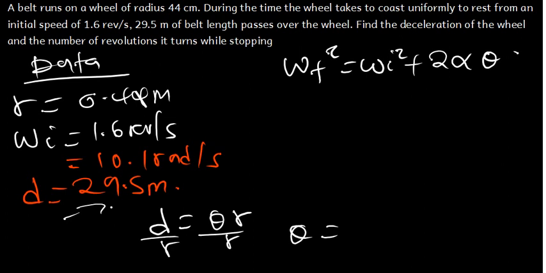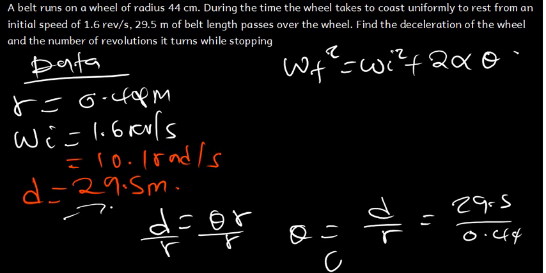Theta will be equal to d divided by r. D is 29.5 and the radius is 0.44. So our theta is 29.5 divided by 0.44, which is 67.05, rounded off. This is going to be in rad. That is my theta now.